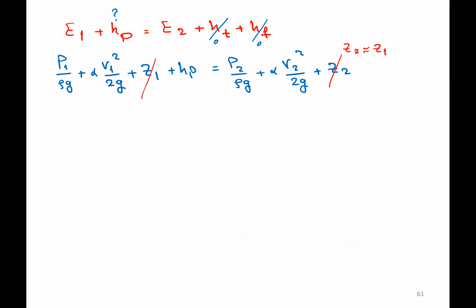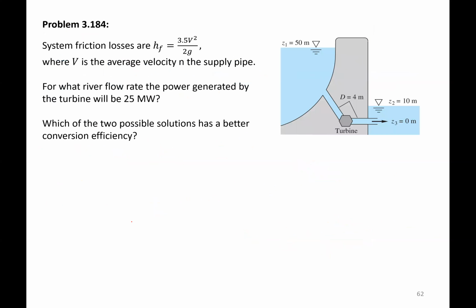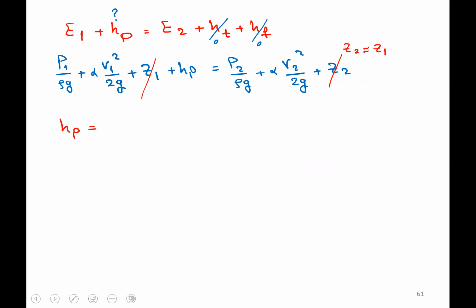So I can say HP, head created by the pump, is equal to P2 minus P1 over rho G. So I keep the term HP on the left side and I move this term P1 over rho G to the right side.